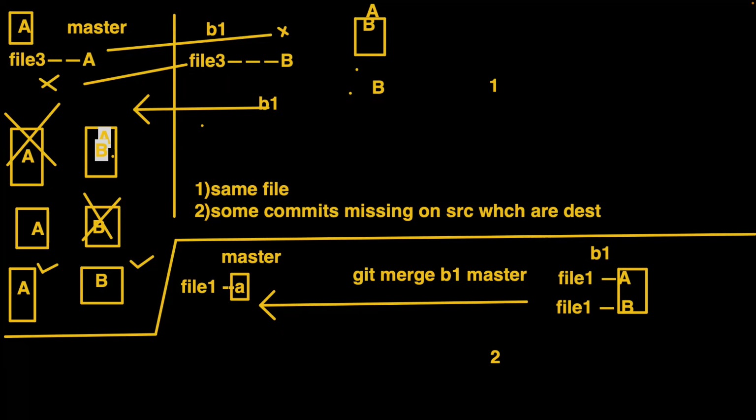If you see this scenario, same file and some commits missing on source which are there on destination, you'll get a conflict. It could be any branch, but the general use case would be to merge feature branches, child branches to the parent, or temporary branches to the permanent branches. But whatever the branches, whatever the source and destination, the same concept applies. Okay.